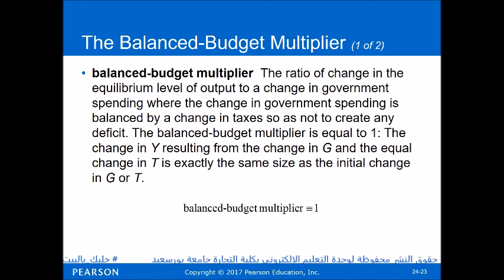In this case, the balanced budget multiplier is equal to 1, or unity. The change in Y resulting from the change in G and the equal change in T is exactly the same size as the initial change in G or T. The balanced budget multiplier is equal to unity, or 1.